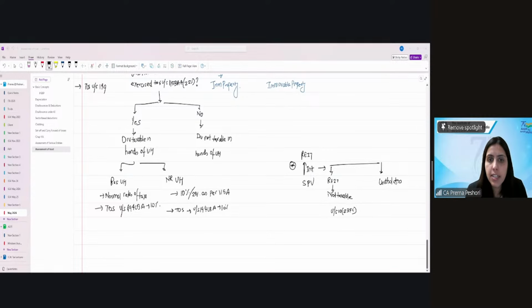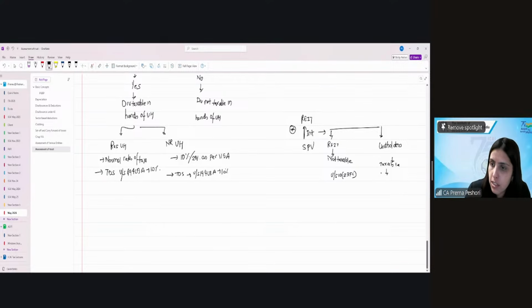So in that particular case, what is the tax rate? Taxable in the hands of the unit holder. If it is resident unit holder, then the tax will be at the normal rate of tax.